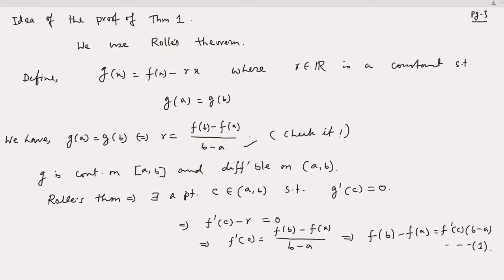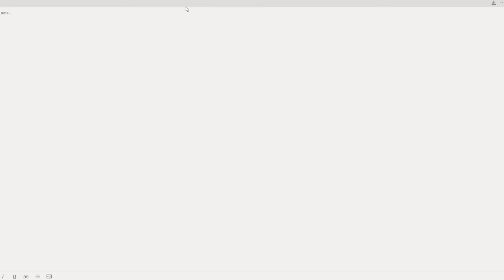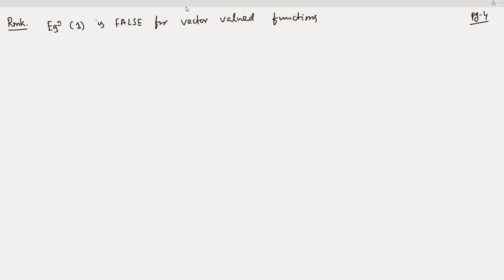Now we remark here, page number 4, that the mean value theorem, that is Theorem 1, or equation 1, is false for vector valued functions in general.